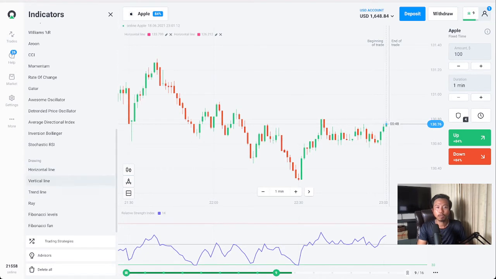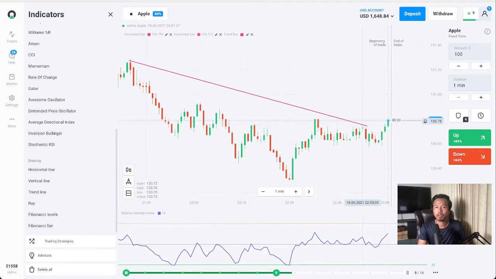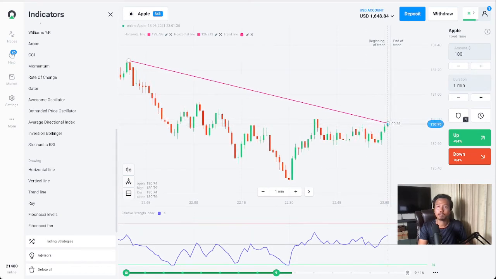The first thing I want to do is go into trend line. I'll start from the very top of the mountain, and then I'm going downward to the very last up mountain here, and then it's falling, and you can see that this is a three-candle attempt trying to climb back up. So our new trend line will be around here after the red candle appears.